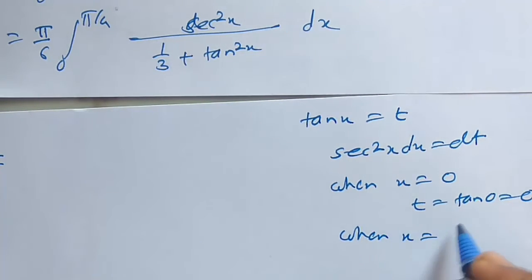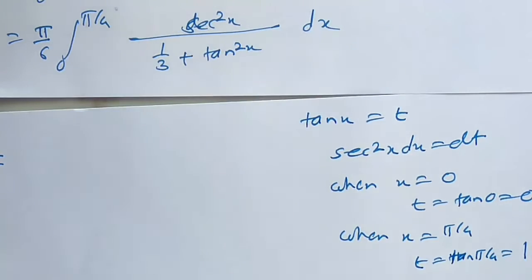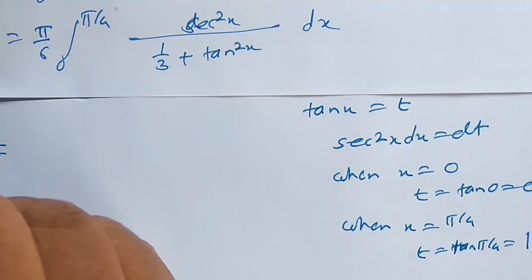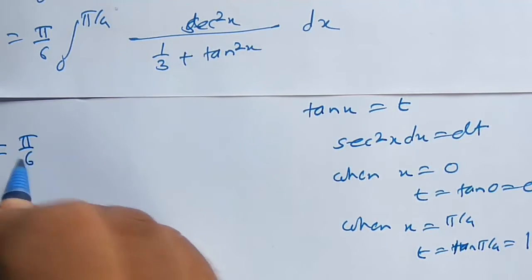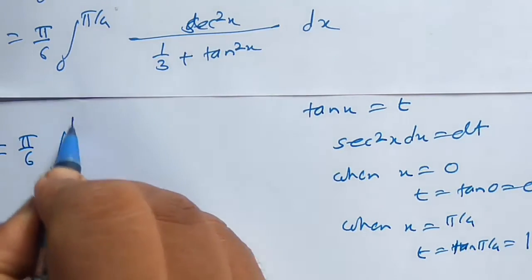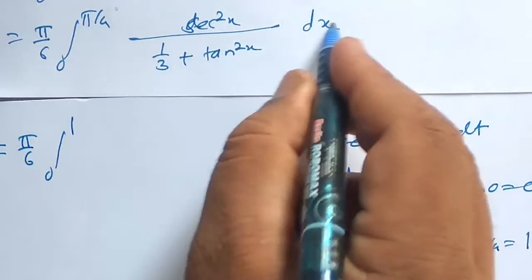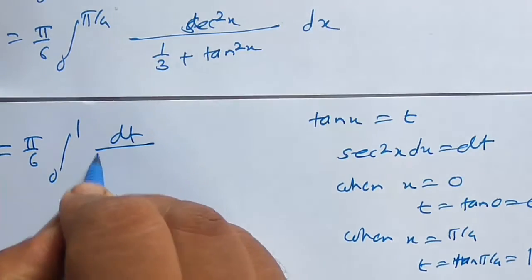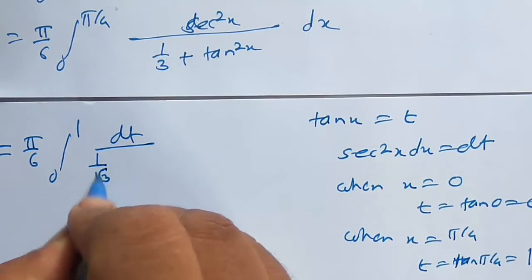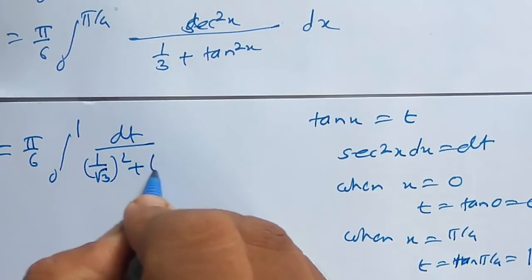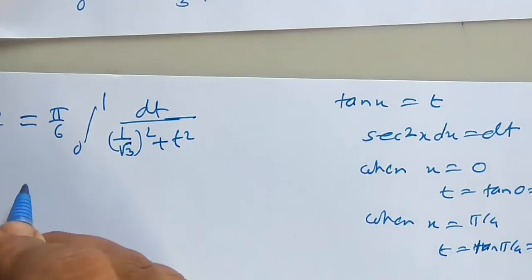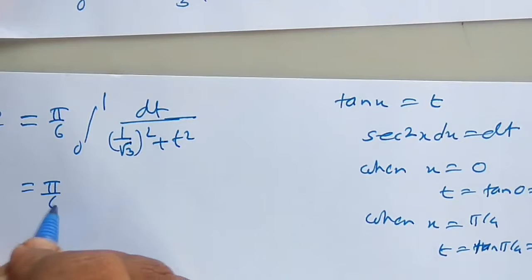When x is equal to pi by 4, t is equal to tan of pi by 4, which is 1. And therefore, I is equal to pi by 6, integration 0 to 1, dt upon 1 upon root 3 whole square plus t square.